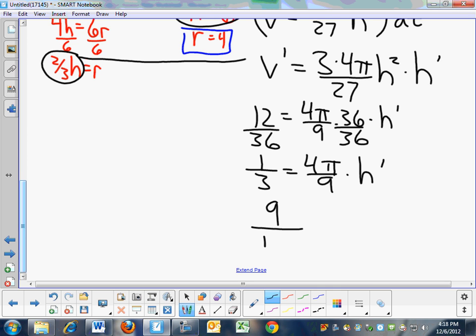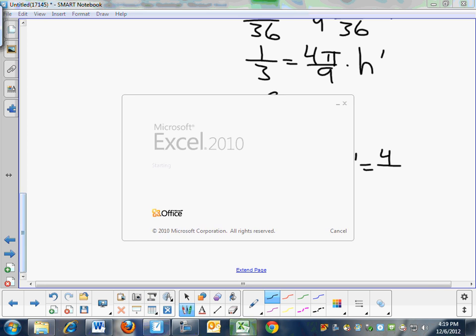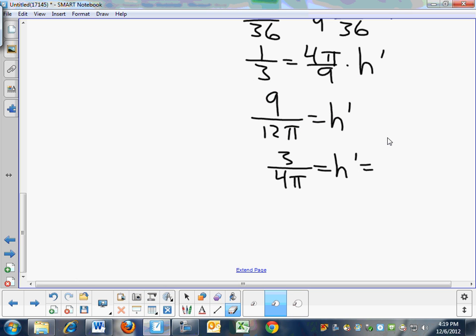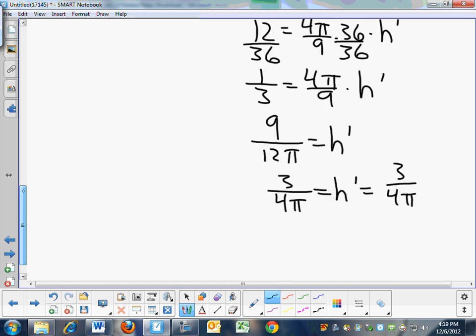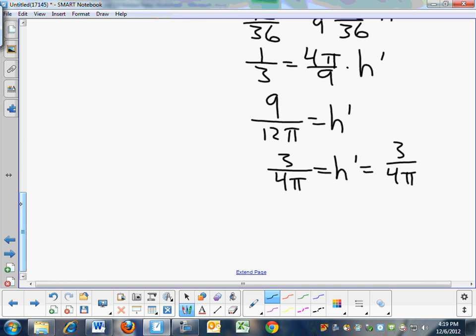We get 9 over 12 pi is equal to h prime. I can simplify that. 3 over 4 pi is equal to h prime. What is my label? In this case, we're feet per minute. The height is changing at the rate of 3 over 4 pi feet per minute.